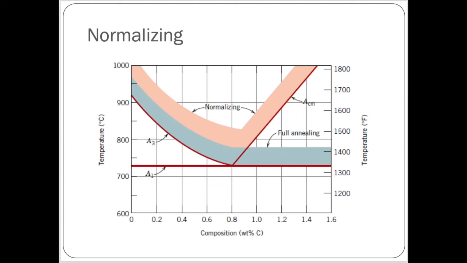One of the processes commonly used for ferrous alloys is normalizing. Steels that have been plastically deformed, for example by a rolling operation, consist of grains of pearlite and most likely proeutectoid phase, which are irregularly shaped and relatively large, but vary substantially in size.